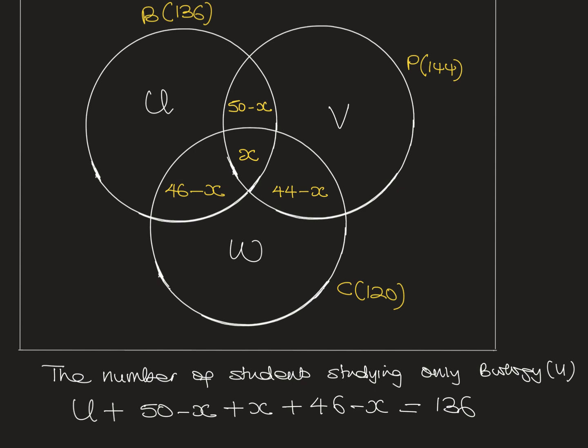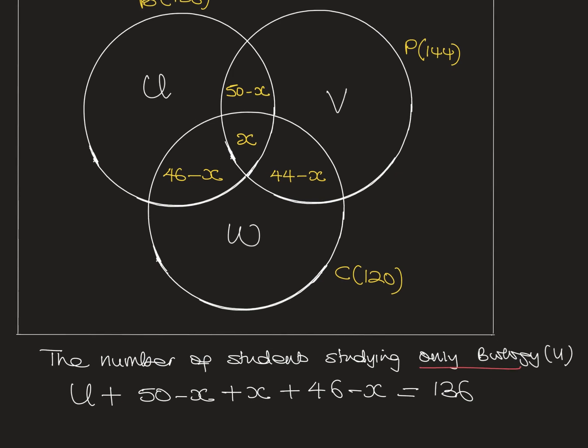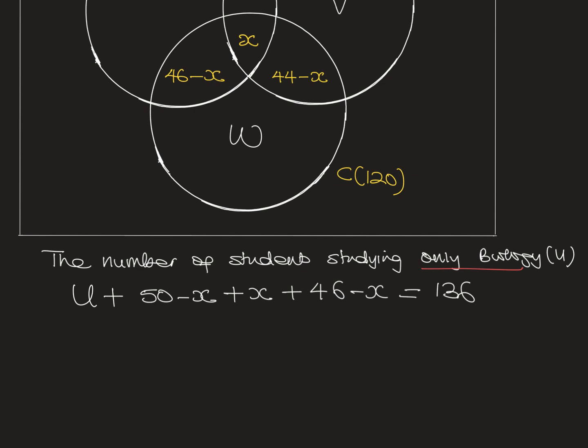Because I want to find only biology, I have to come up with this equation. So minus X plus X will cancel. What am I going to have? I will have U plus 50 plus 46, which is 96, minus X is equal to 136.